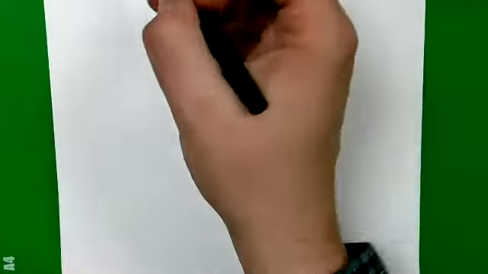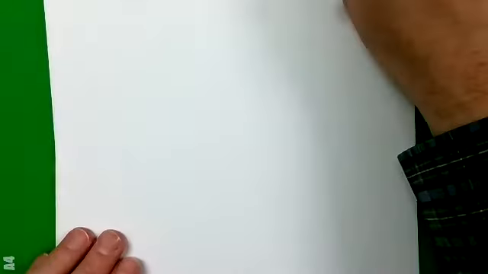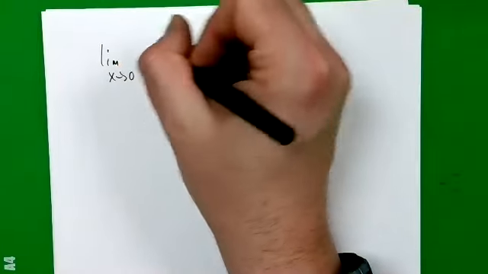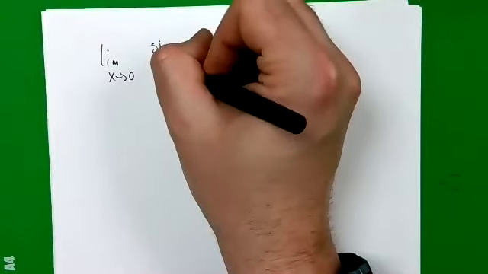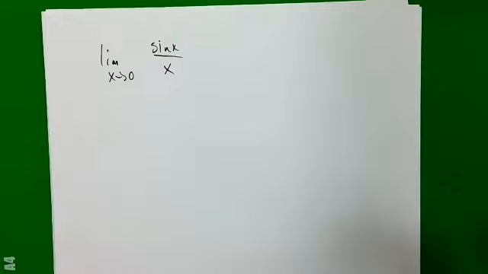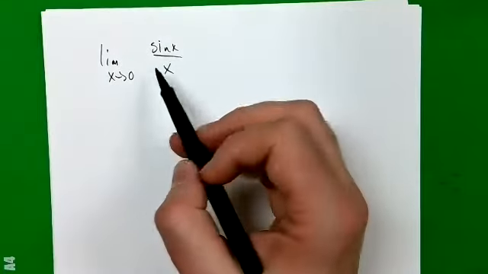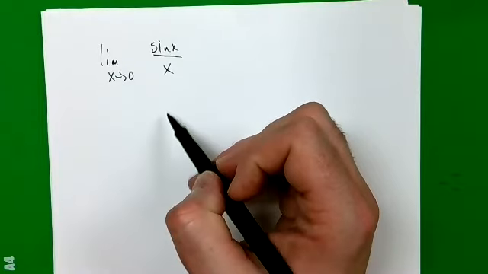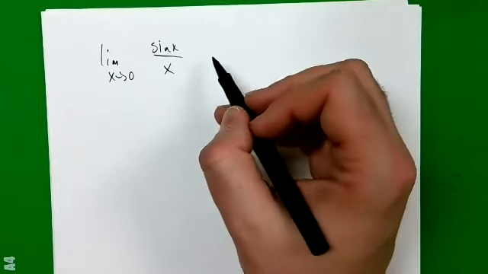So let's go back to that kind of classic problem there. So the limit as x approaches 0 of sine x over x, which we know should be 1, trust me, maybe. Now, sine of 0 is 0, and x is 0, so it's a 0 over 0 indeterminate form.